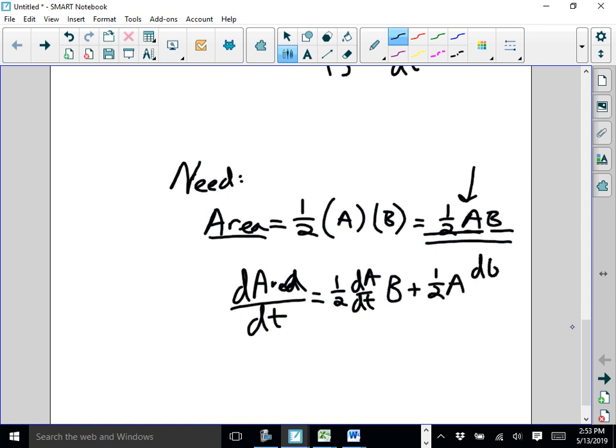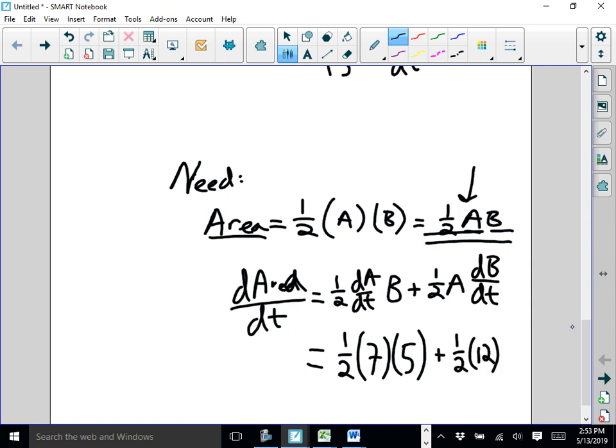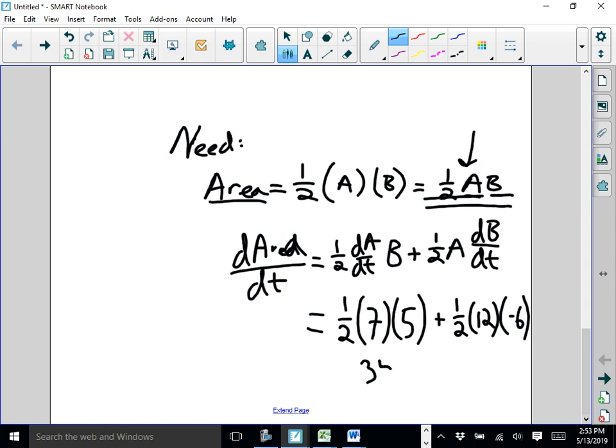So my rate of change in my area would be half of 7 times 5 plus half of 12 times dB dt, I think was negative 6. So my rate of change of area would be 35 over 2, and this is going to be minus 36.